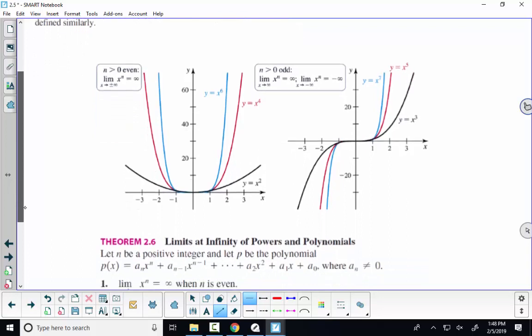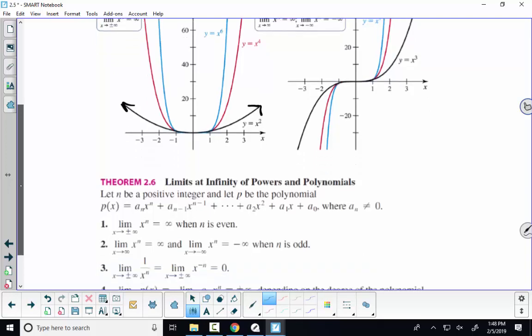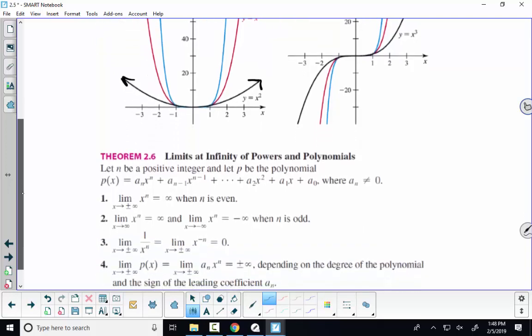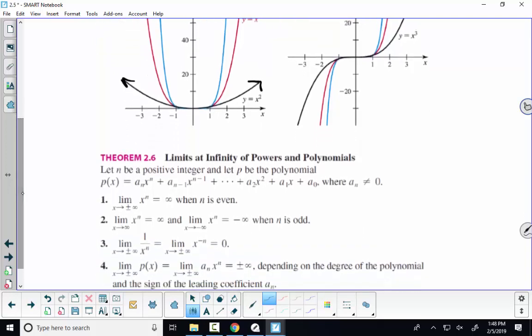And then a recap of the leading term test showing us where the functions go. They don't have arrows, but they're implicit. So those are all there. And we see that those two things are summarized, as well as some other things about limits at infinity, in theorem 2.6.